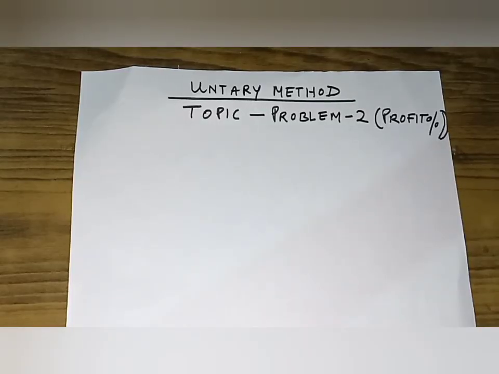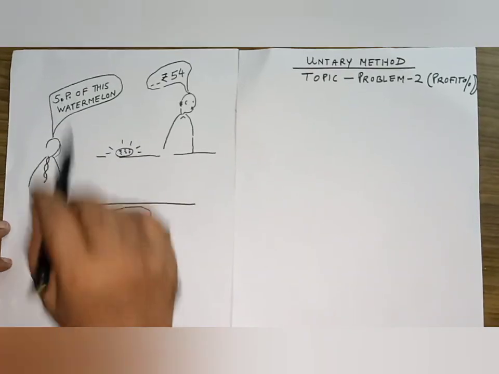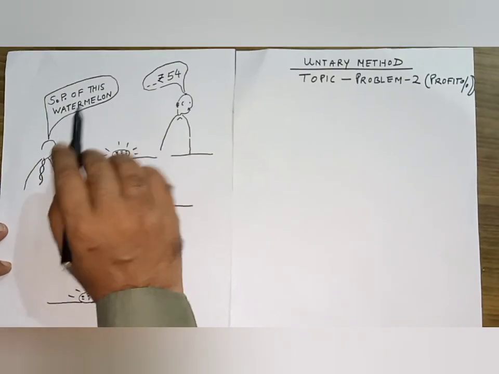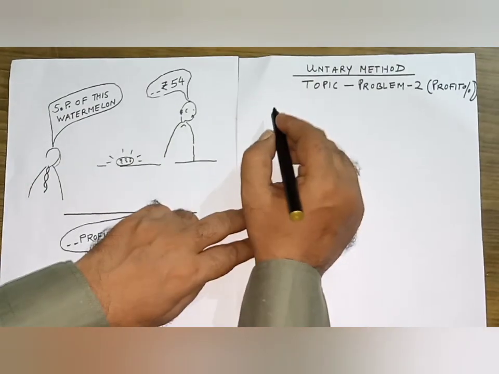Topic of this video is problem 2 of profit percent. See, in part 4 of this series we solved the first problem of profit percent, and this is part 7, and in this part we are going to solve the second problem on profit percent. See, selling price of this watermelon is rupees 54.